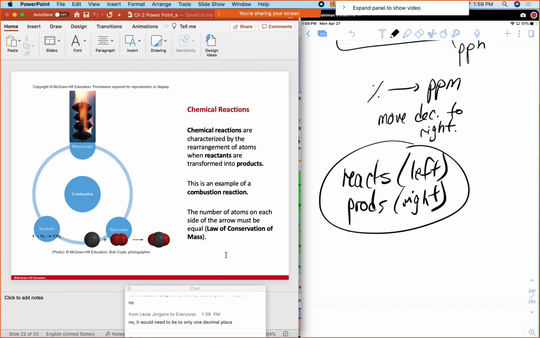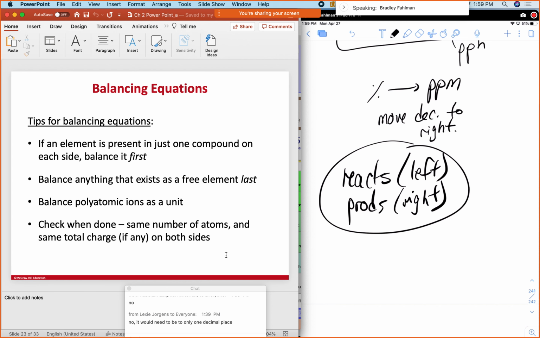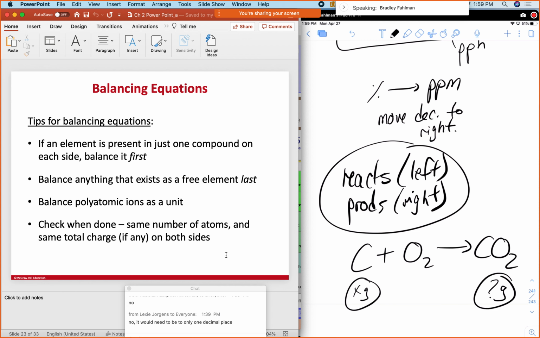And then we got into balancing. I guarantee you there will be quite a few balancing equations. Some where it's just balance it and nothing else. Others where you have so many grams of this and you want to know how many grams of that, so you have to first balance it.